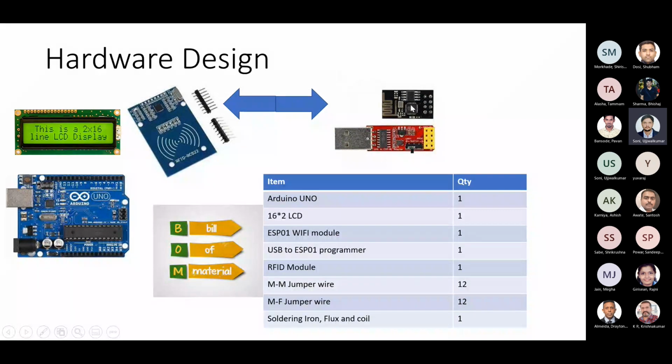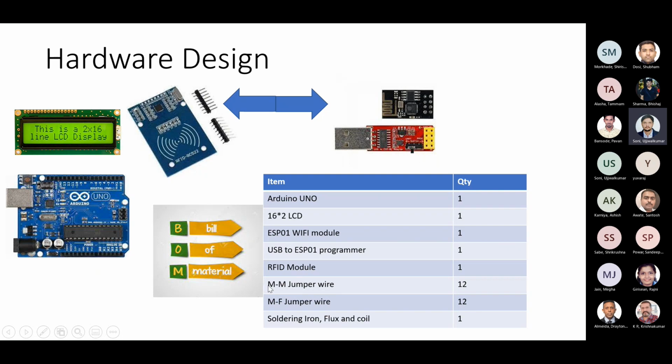It is a tiny chip, which is used to communicate using Wi-Fi. Okay, this is the USB to ESP01 programmer that we are gonna use for our demo, and it has a tiny switch over here that you can use to move it to programming mode or normal UART usage mode.